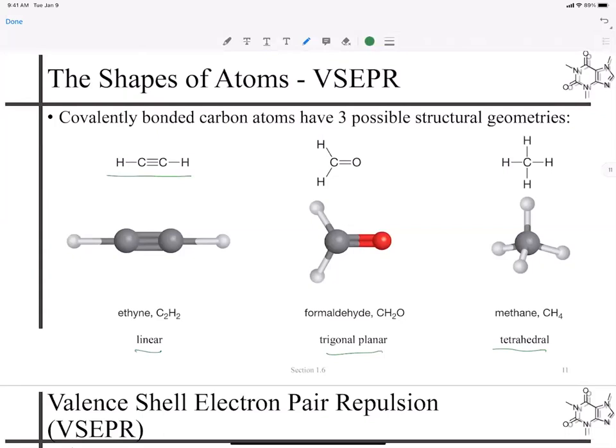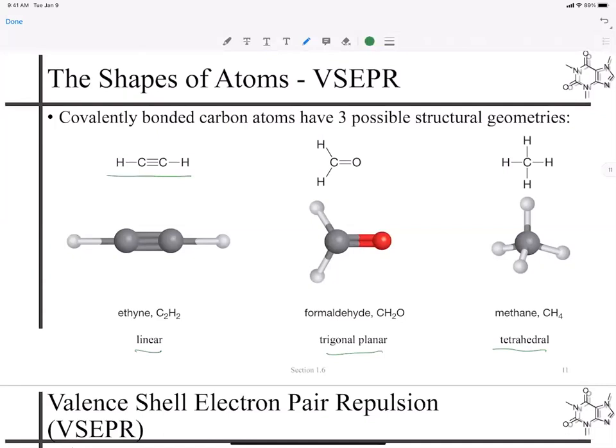If we have a carbon involved in a double bond and two single bonds, then we typically get what's called a trigonal planar geometry. So again, it's like three electron groups. In this particular case, an oxygen and two hydrogen atoms are pointed at about 120 degrees away from each other in the same plane.